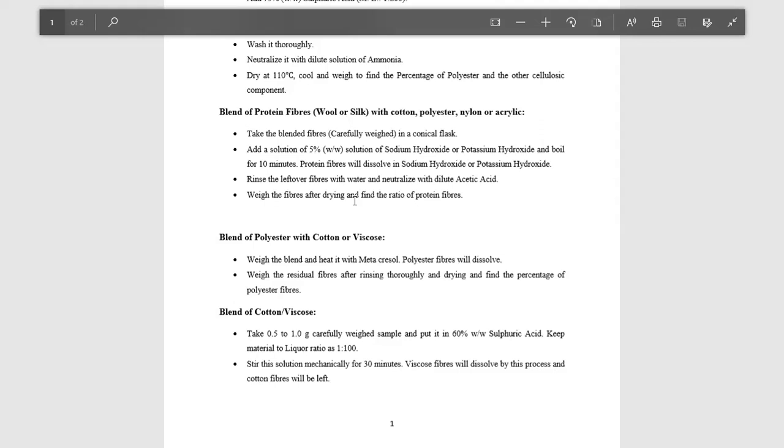So if the blended fibers contain protein fiber, then the sodium hydroxide reacts with the protein fiber and converts it into a dissolved form. In this way, we can easily find out the blending ratio of protein fibers with other fibers.